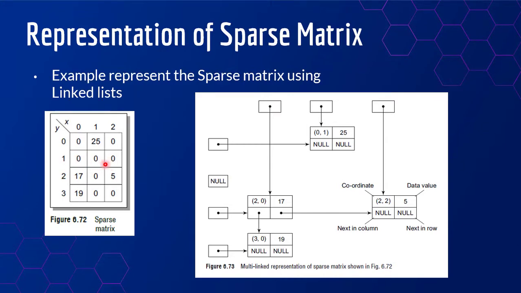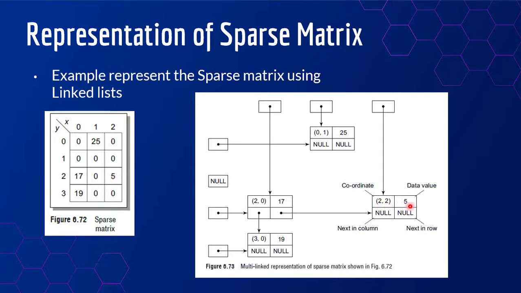For the second row, which is at index 1, we don't have any non-zero elements. Now if you go to the third row, we have 17 as a non-zero element. What are the coordinates here? Second row and 0th column you have this node 17, and 17 is the value. In the same way, in second row, second column you have 5.